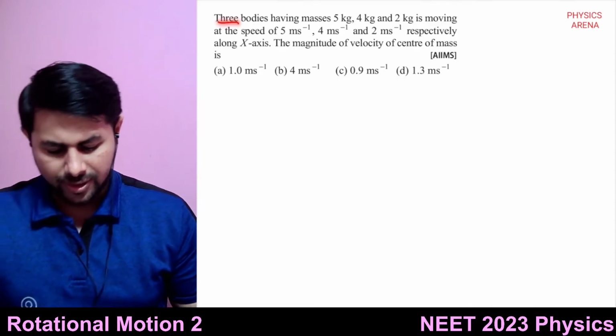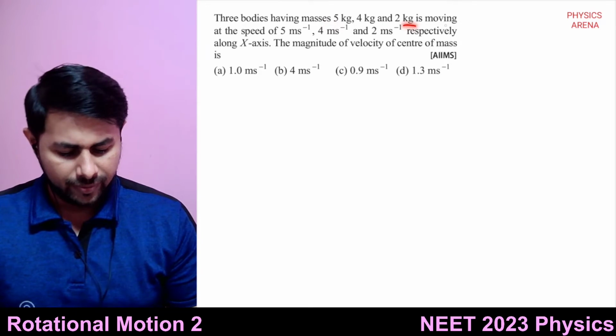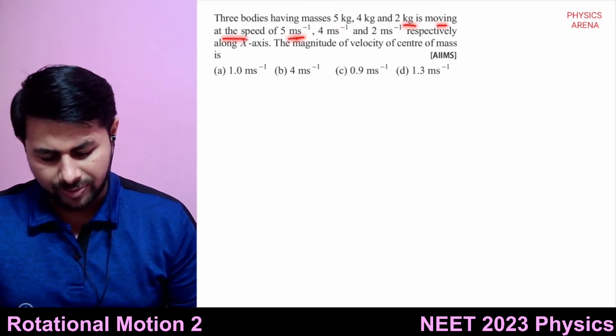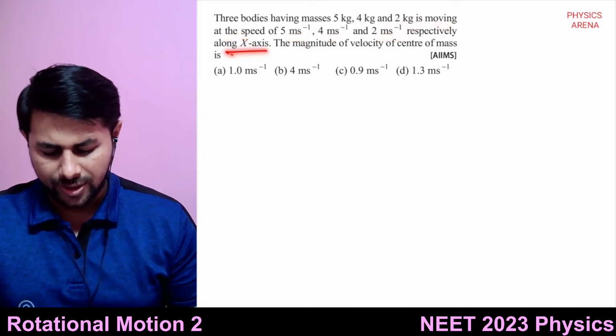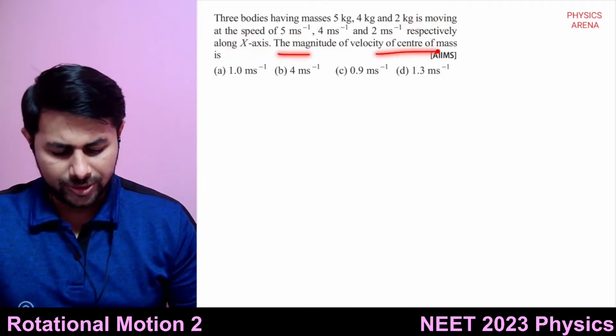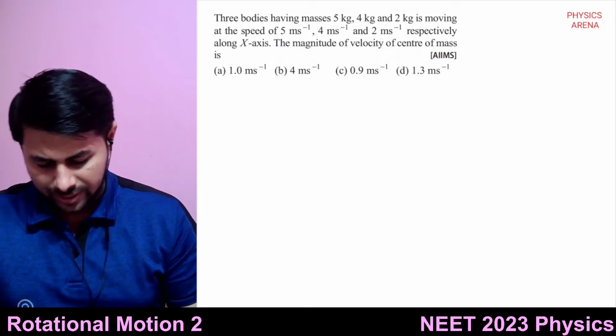The next one: three bodies having masses 5 kg, 4 kg, 2 kg are moving at speeds of 5 meters per second, 4 meters per second, and 2 meters per second respectively along the x-axis. The magnitude of velocity of center of mass is? Again, this is simple.